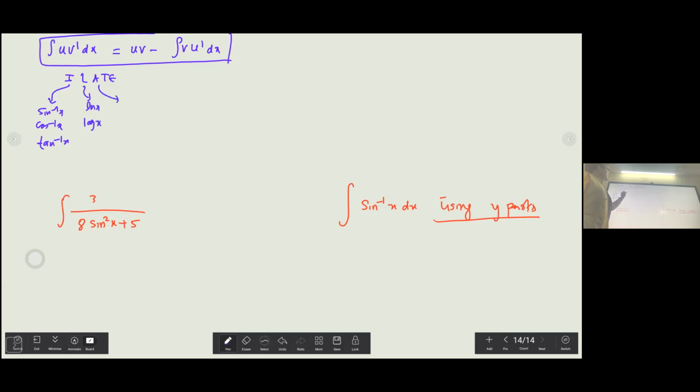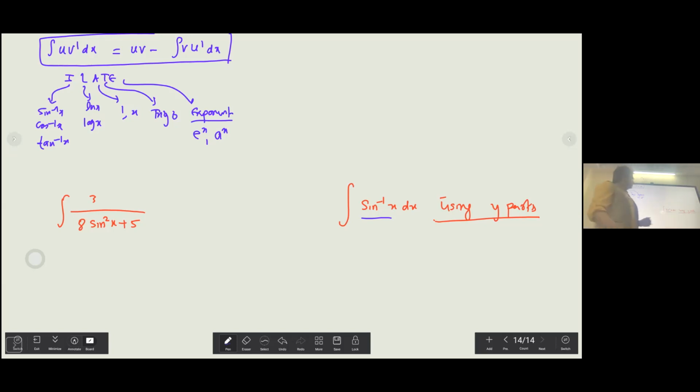A stands for algebra, like any number or any power of a polynomial. T stands for trigonometry. E stands for exponent, like e raised to x or a raised to x. So for anything of this format, whichever comes first becomes your u. Now, when I'm integrating sine inverse x, firstly, I cannot see that there are two different functions.